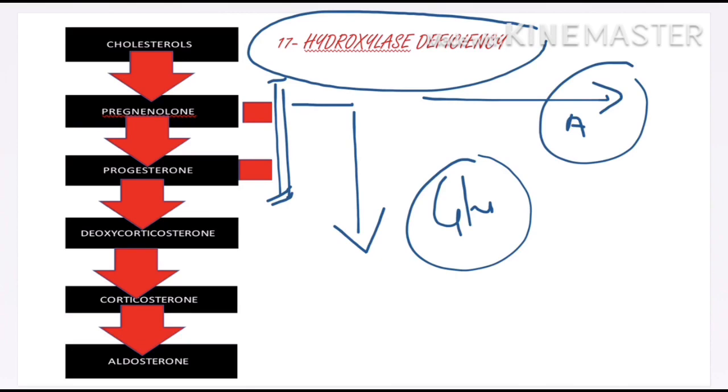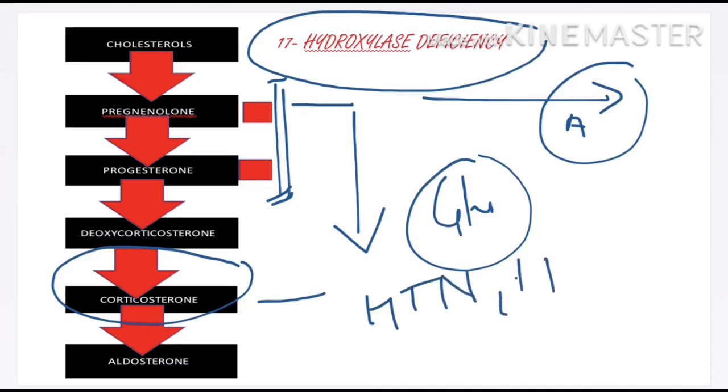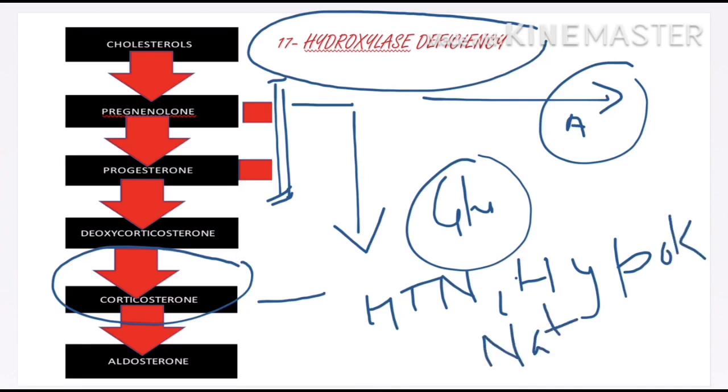Here also mineralocorticoid excess, so these children present with hypertension, hypokalemia and hyponatremia. Okay, so you have to give glucocorticoids to this child.